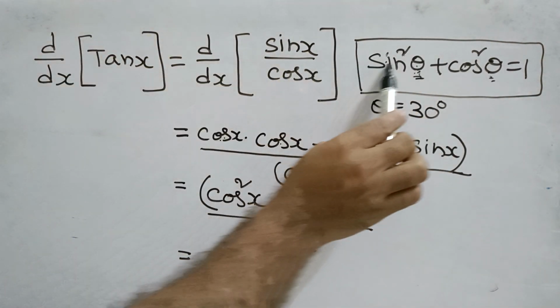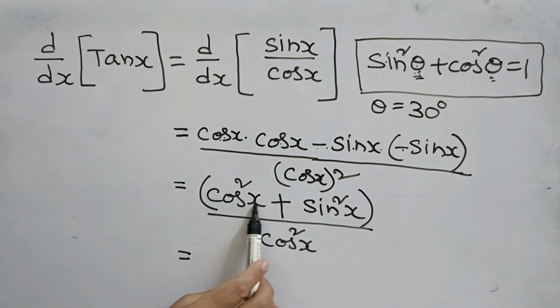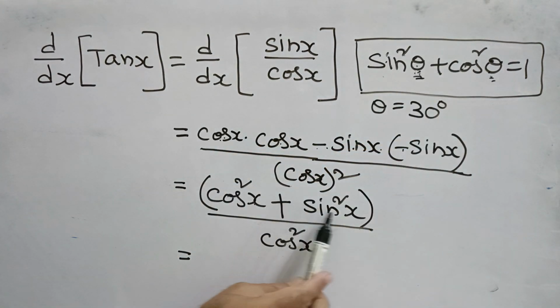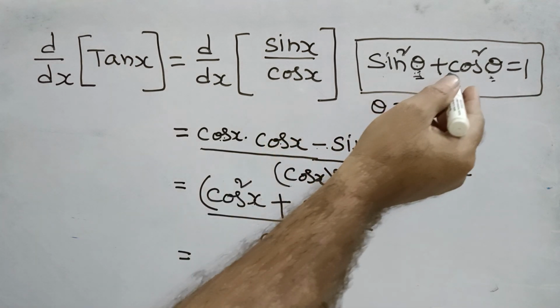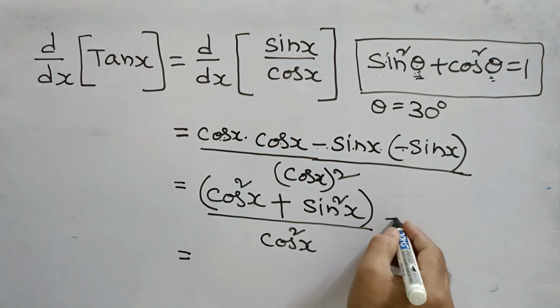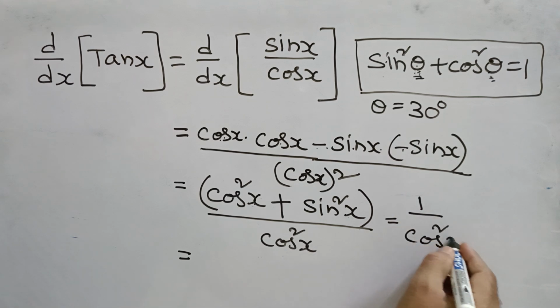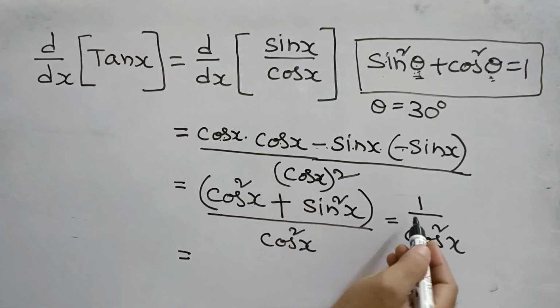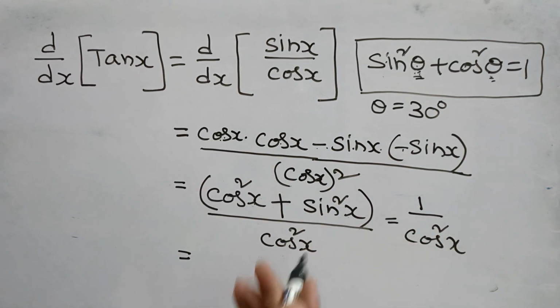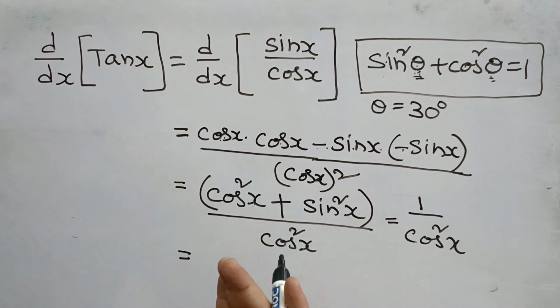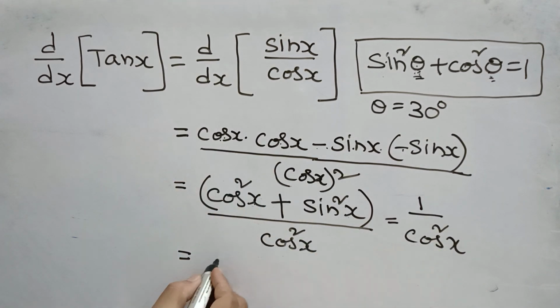Therefore, as per this identity, in place of theta I am writing x. Cos square x plus sin square x, how much? As per this identity it is 1. Therefore 1 by cos square x. What is 1 by cos? 1 by cos is nothing but secant. Therefore 1 by cos square x is secant square x.